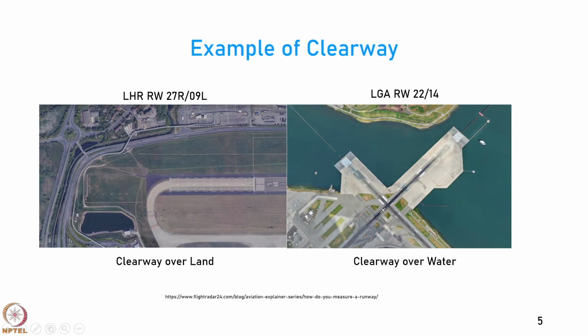These are probably the lights which are a part of the approach lighting system. We will study about this in a separate session. So, clearway is an area which is under the positive control of the airport, could be over land, could be over water, where the aircraft after takeoff or after liftoff tries to clear the obstacle height.